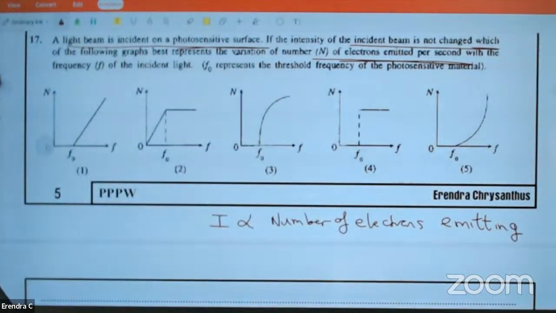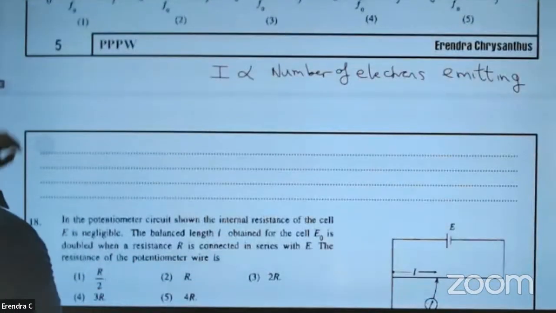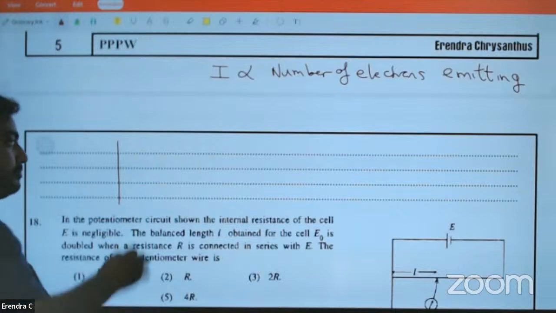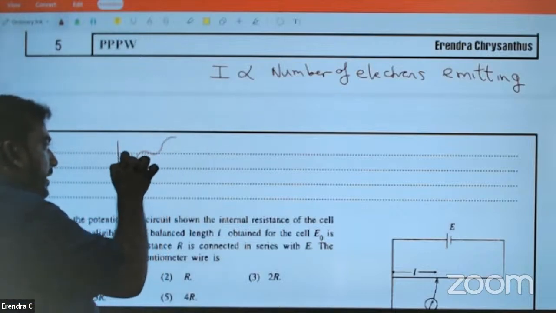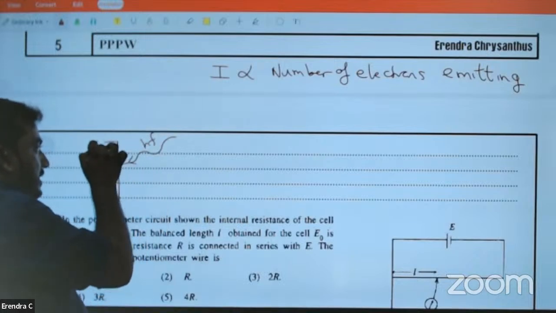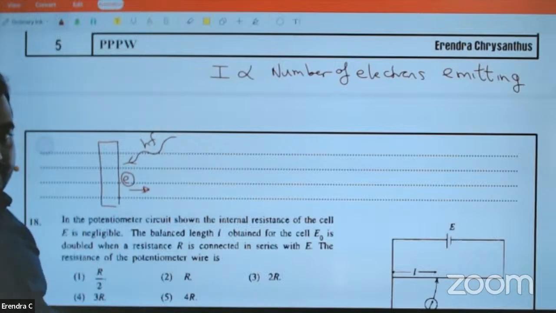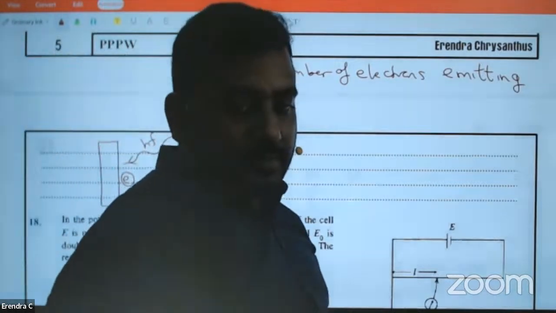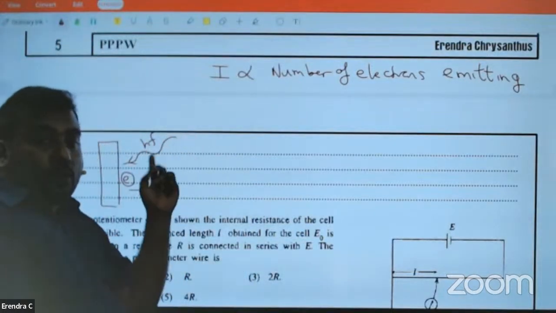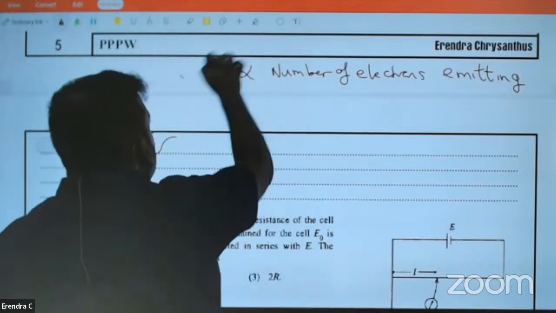Now, what is this photoelectric effect? Very simple. There is a metal surface. Electromagnetic waves strike the metal, causing electrons to be emitted. They have found out the number of photons hitting the metal surface is proportional to the number of electrons emitted.